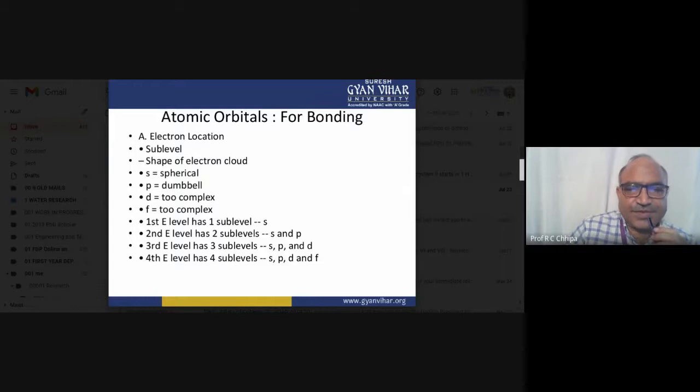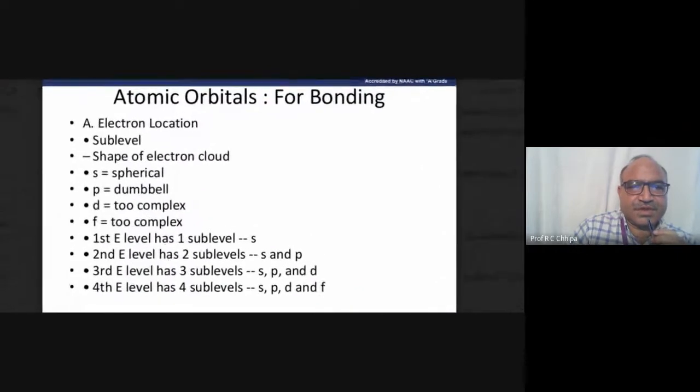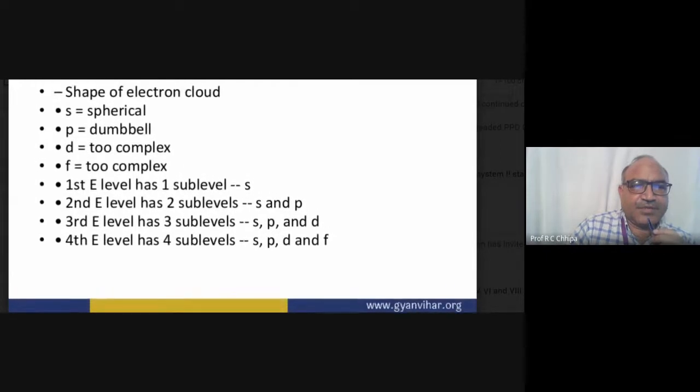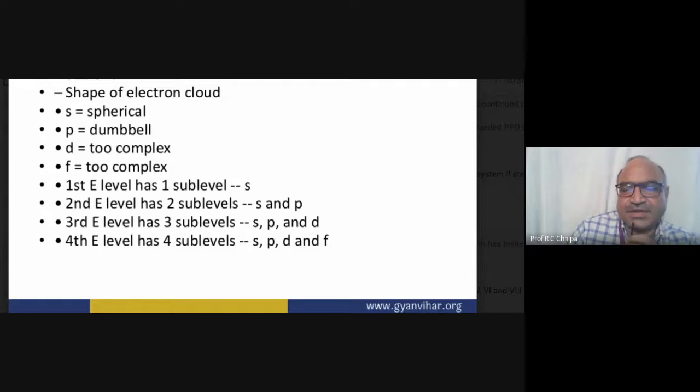S is spherical, P is dumbbell, and D and F are two complex.